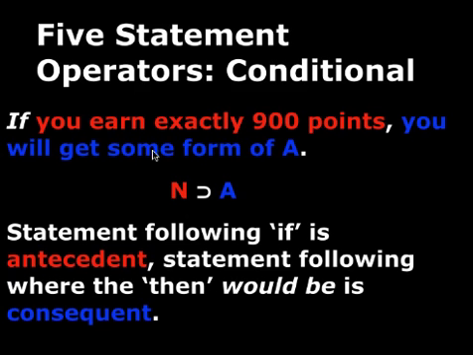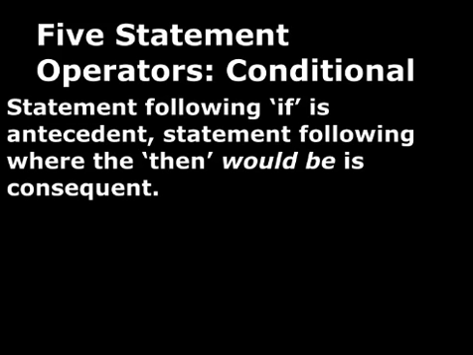The statement following if is the antecedent. The other statement, following where the then would be if there was a then there, is still going to be the consequent. Antecedent still goes on the left, consequent still goes on the right. Okay, so far so good. To summarize, the statement that follows the if is the antecedent. The statement following where the then would be if it was there is the consequent.